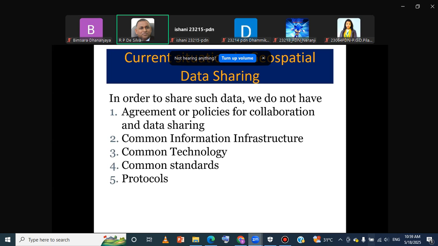Spatial data, we don't have such technology platforms. We don't have standards. But in the telecommunication industry, we have standards. We phase out 2G, 3G. Now we are going to 5G, 6G, and 7G.